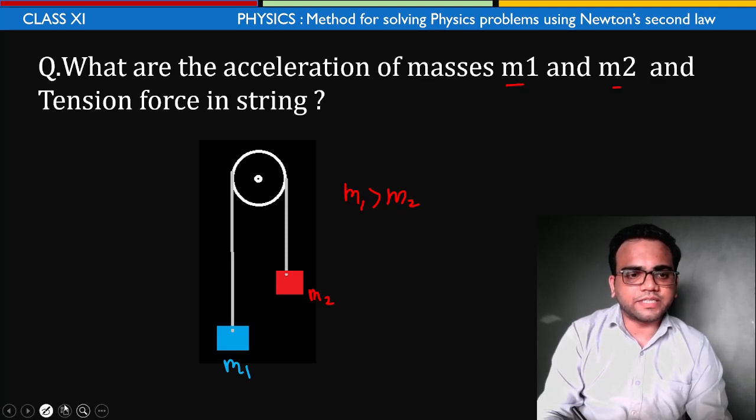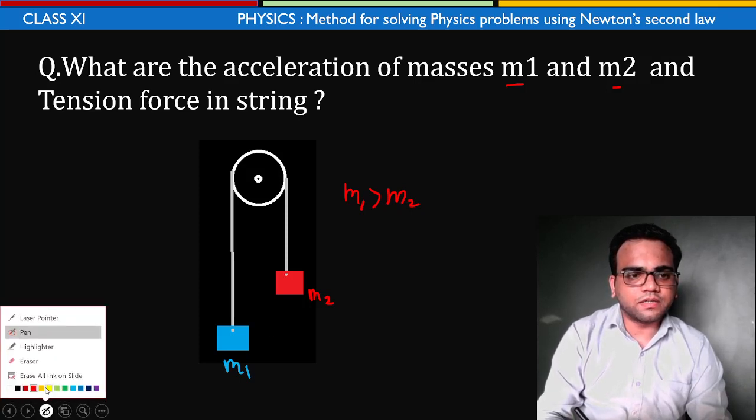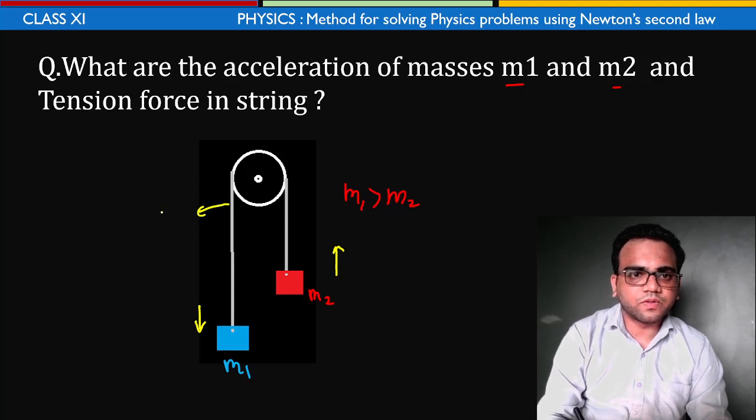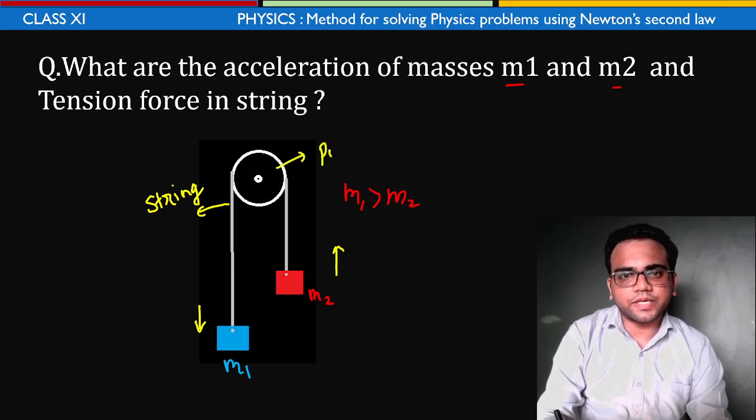If m1 is greater than m2, m1 will move downward and m2 will move upward. They are connected with a string, and this is a pulley, over which the string is going.